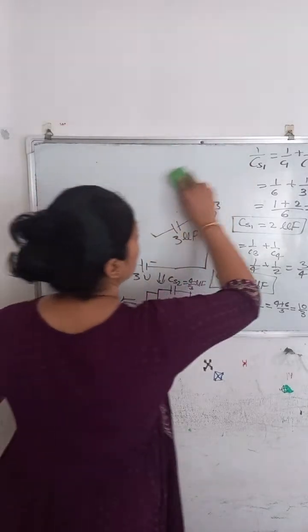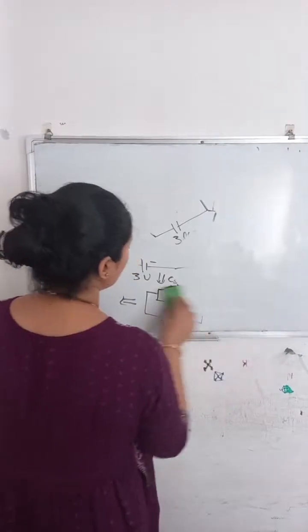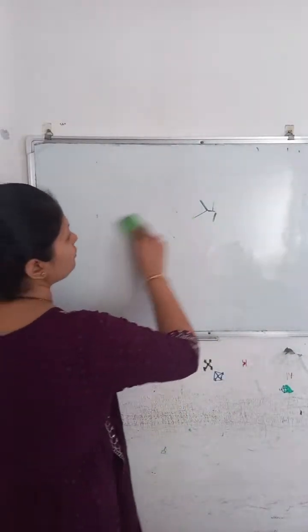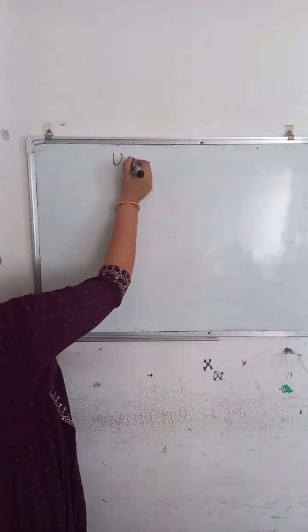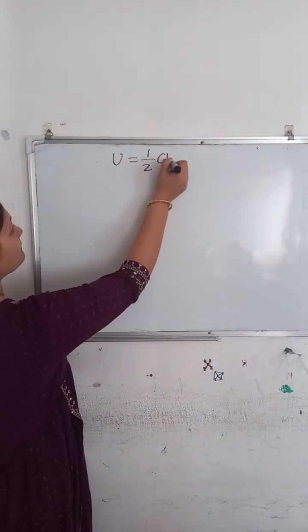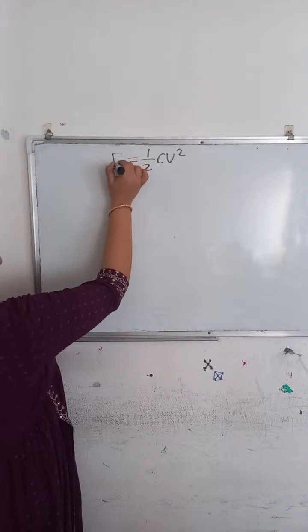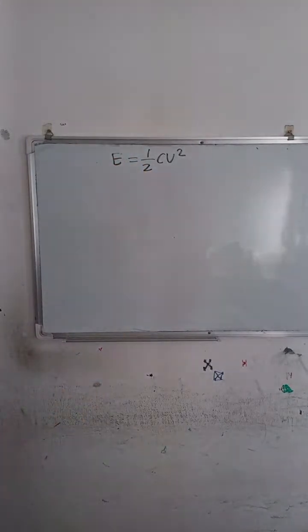If you learn the derivations, only then can you solve this kind of question. The energy in the capacitor is U equal to half CV square, or E is equal to half CV square.